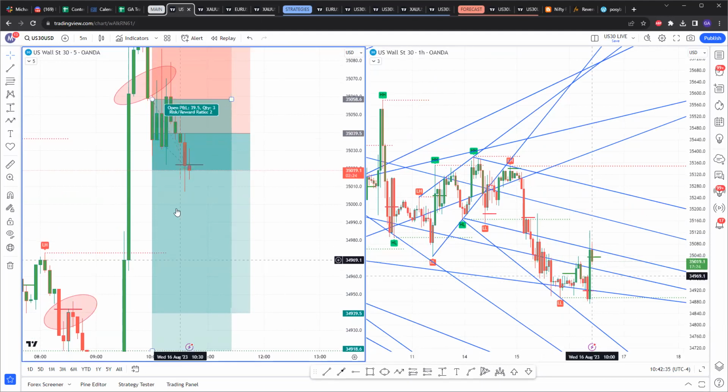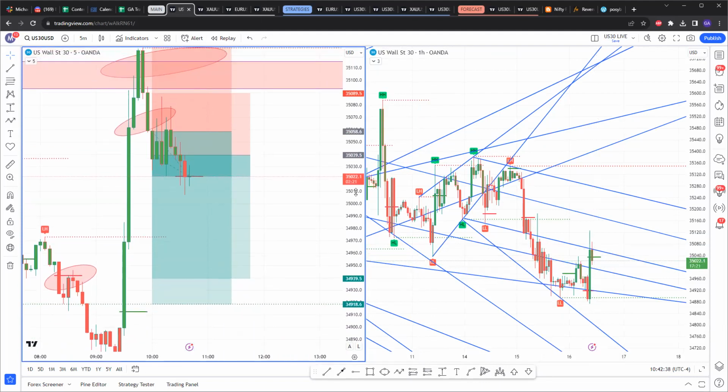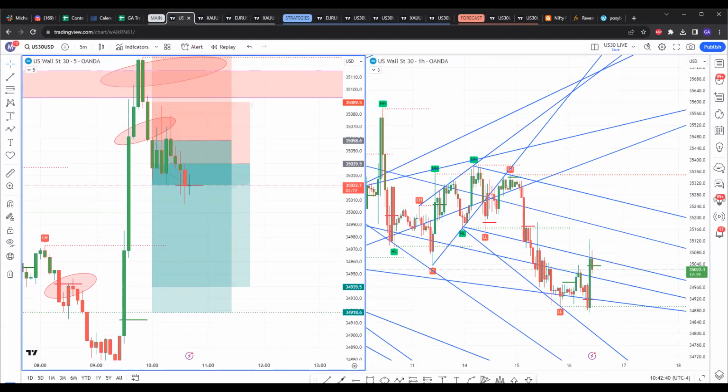So I'm hoping we get to like a 1:1 risk to reward for this trade. And then that should be it for the day.